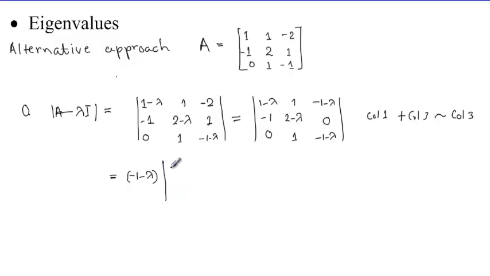Then we've got here 1 minus lambda, -1, 0, 1, 2 minus lambda, 1, and then we're going to have 1 there, 0, and 1. Then we've got the determinant there.